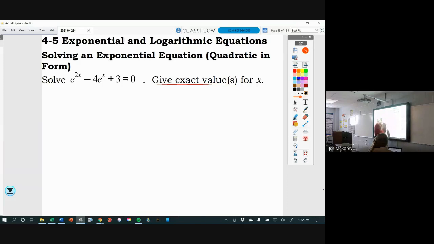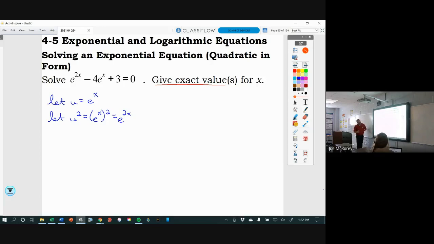Do you remember using u's? So here, this is e to the x. I'm going to let u equal e to the x. Because I make that assignment, u squared equals e to the x squared, and e to the x squared is simply e to the 2x.